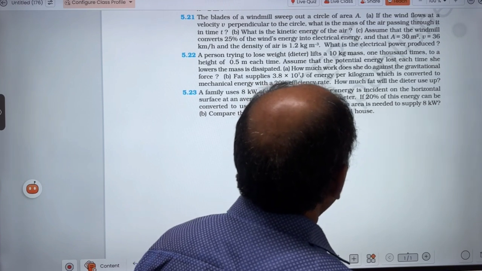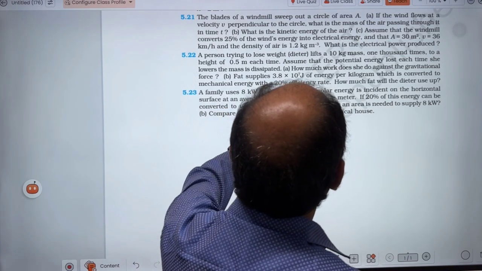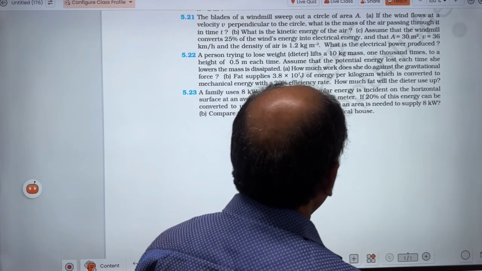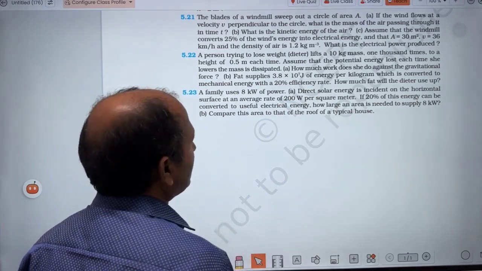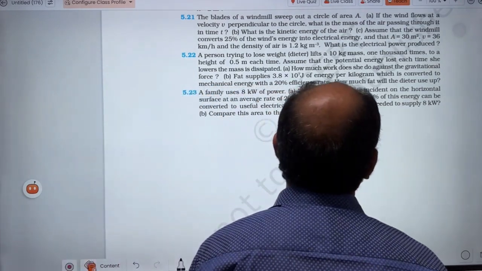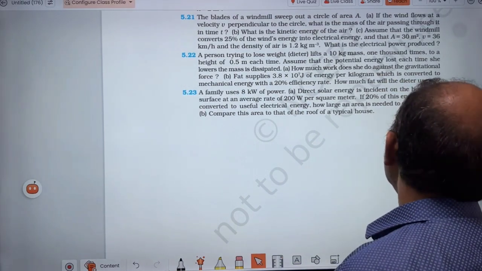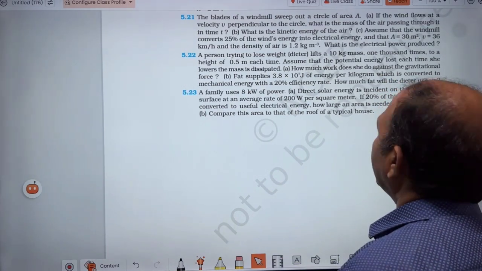Direct solar energy is incident on the horizontal surface at an average rate of 200 watt per square meter. If 20% of this energy can be converted to useful electrical energy, how large an area is needed to supply 8 kilowatt? Compare this area to that of roof of a typical house.